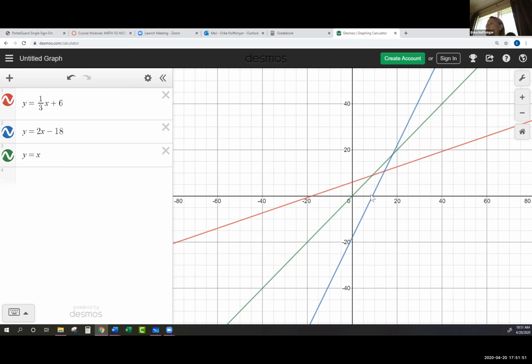What's wrong? Something's wrong. I know why. Because this should have been 3x minus 18.